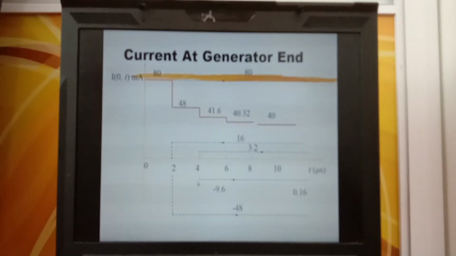We plot it as a negative waveform so that we can find the total current by adding this to this, right, and also to the original current of 80 milliamp. That gives us 48 milliamp and so on.